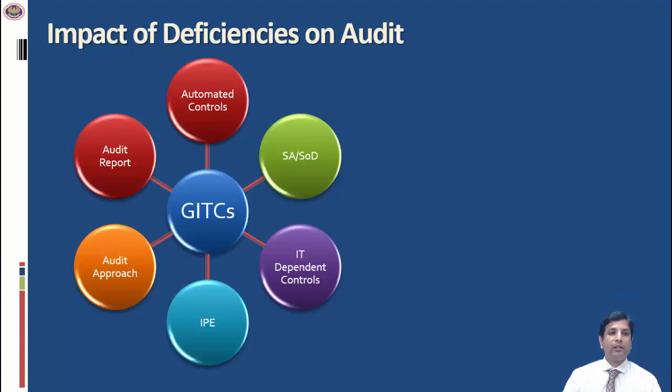We have also understood the sample size requirements when doing a testing of general information technology controls. We understood the various categories or domains of GITCs, such as the IT governance, the program changes, the access security, the data center and network operations, the acquisition of new systems and implementation of new systems. We have also seen how deficiencies in GITCs impact our audit, and we have seen when to test GITCs in the overall audit.